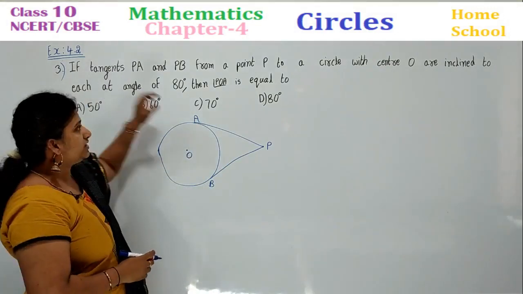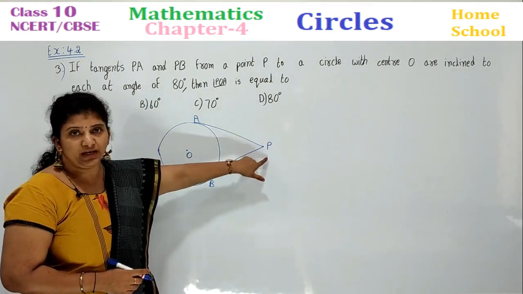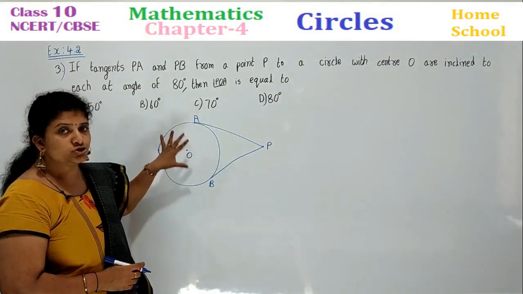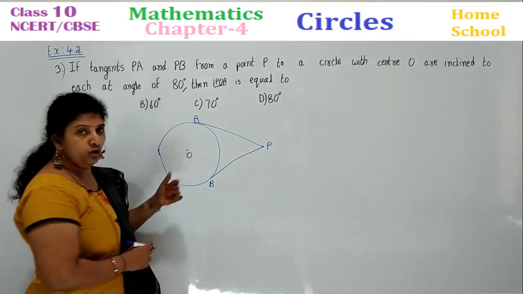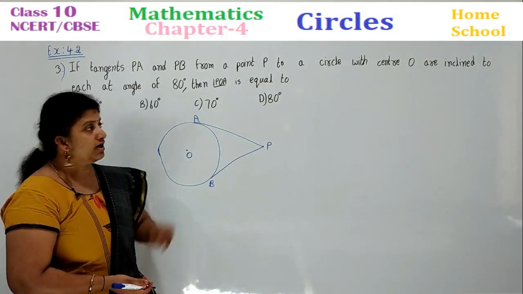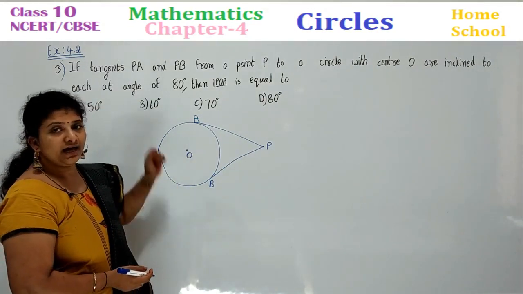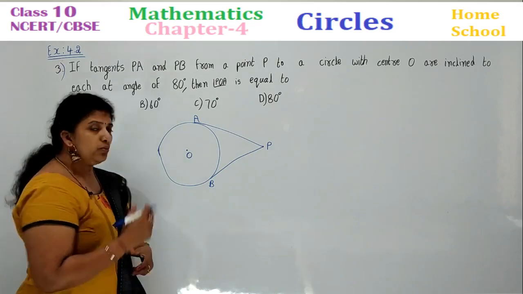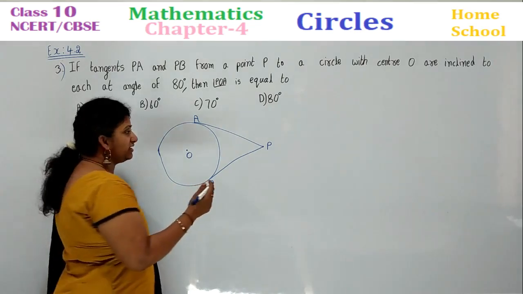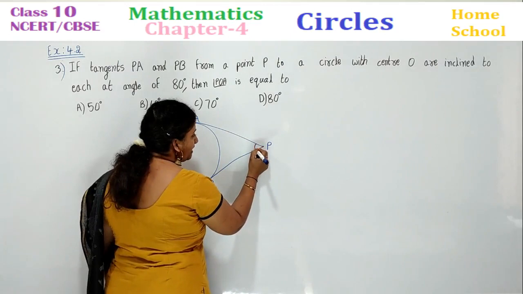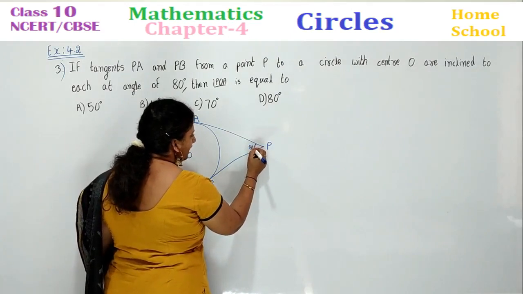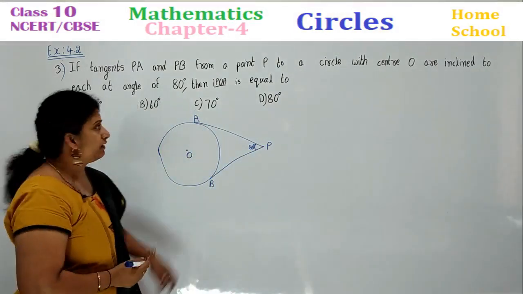Now once again children, P is a point. From P, draw two tangents to a circle with center O. PA and PB are the tangents, inclined to each other at an angle of 80 degrees. Where I have to mark 80 degrees, children? The tangents are inclined means this angle is 80 degrees.